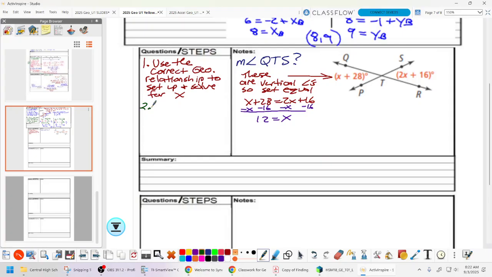Okay, so step 2. Plug x in as needed. I mean, this is just general steps. I can't tell you how to do every problem because it could be a completely different picture, but generally this is what we're doing. So plug x in to get more information. Can I plug it in to get QTS right now?